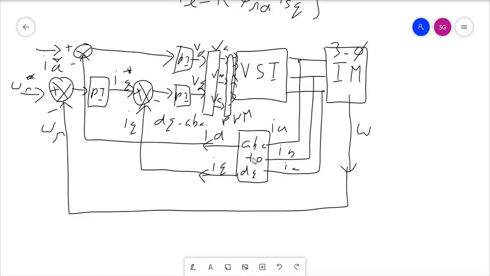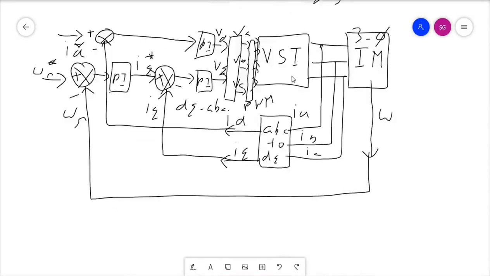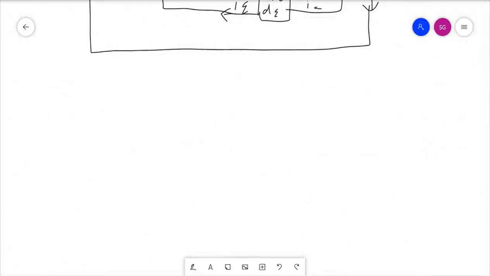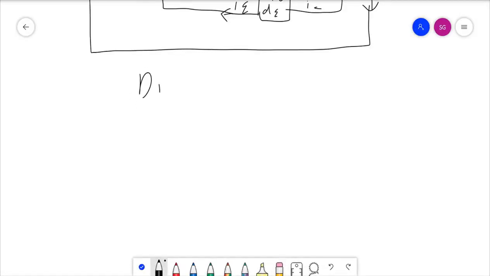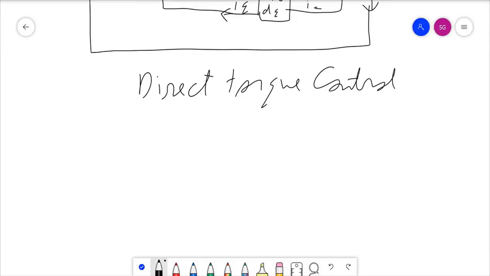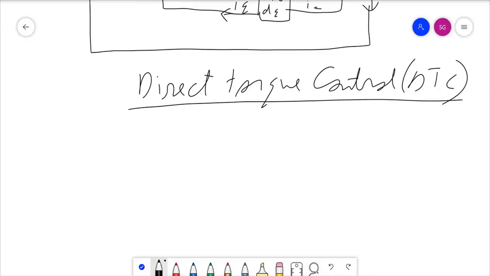Now, how is a direct torque control? What is the difference between a direct torque control? Now, let us see what is direct torque control. So, in direct torque control, we simplify this control logic to a minimum level.